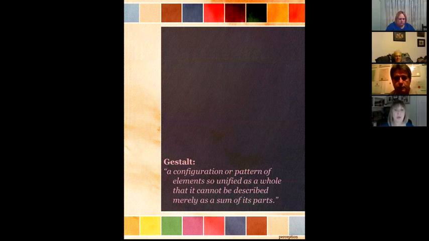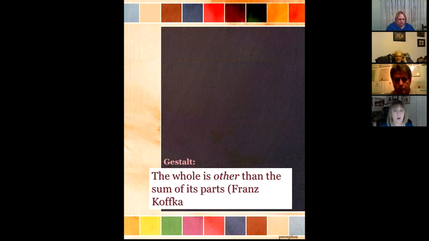With the Gestalt, we're looking at the whole, because the whole is other than the sum of its parts. Sometimes we've heard Kafka misquoted as saying the whole is greater than the sum of its parts, but the actual quote is the whole is other, which is kind of a different meaning. So we're looking at, you can't take apart the writing. You have to look at it as a whole.